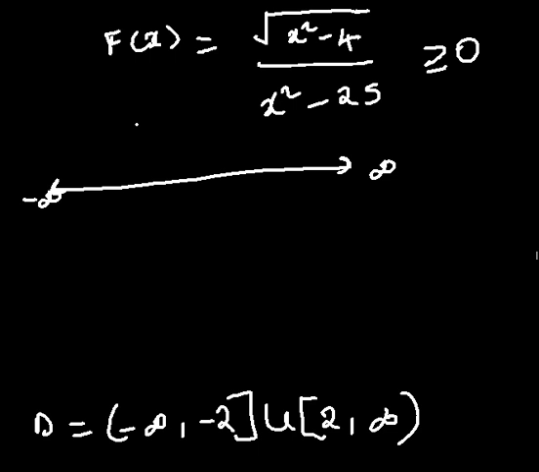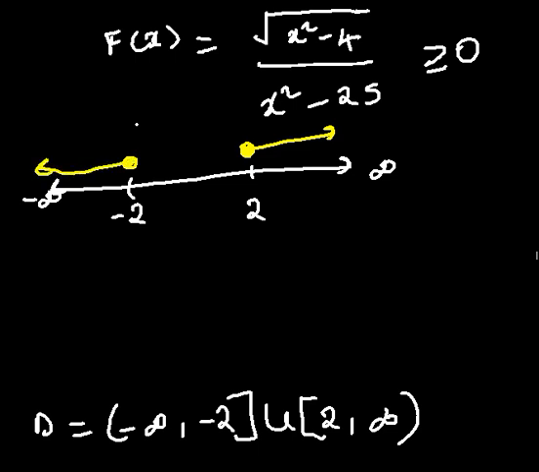We have negative 2, positive 2. In the intervals, we have from positive 2, part of the interval, to positive infinity, and from negative 2, part of the interval, to negative infinity.